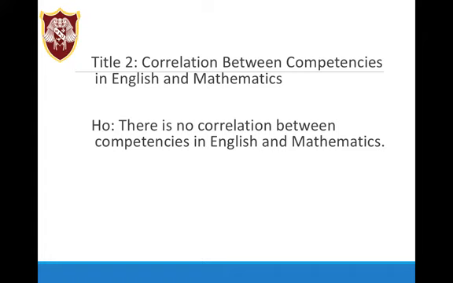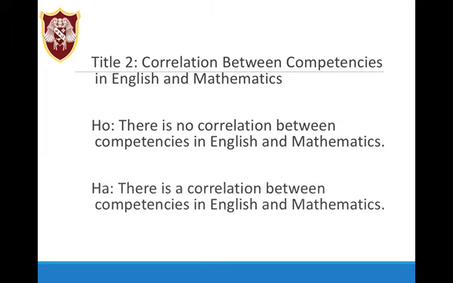And for the alternative hypothesis, we say that there is a correlation between competencies in English and mathematics. To better understand hypothesis testing, let us discuss some terminology used in this process.